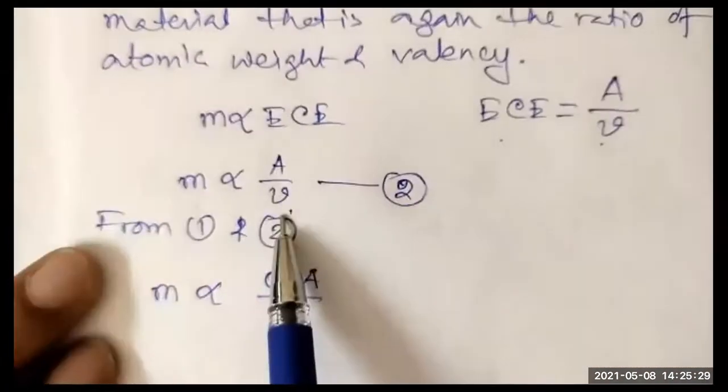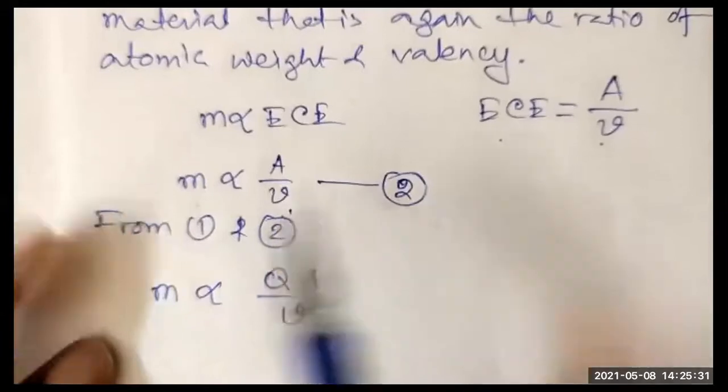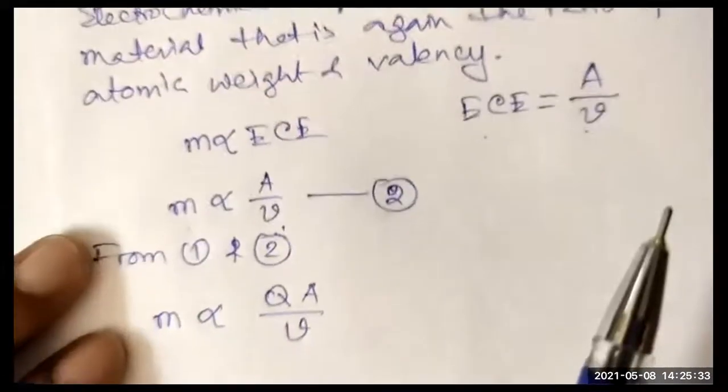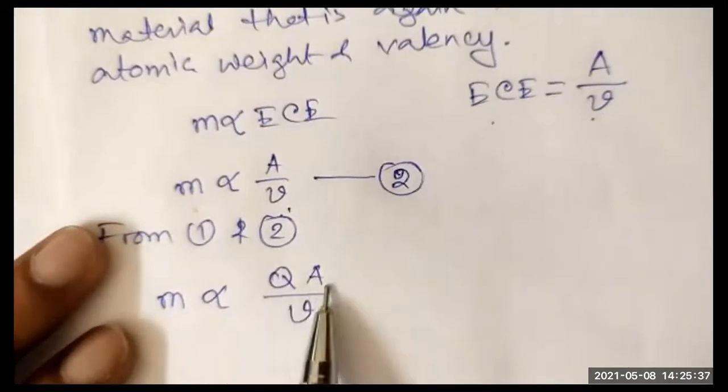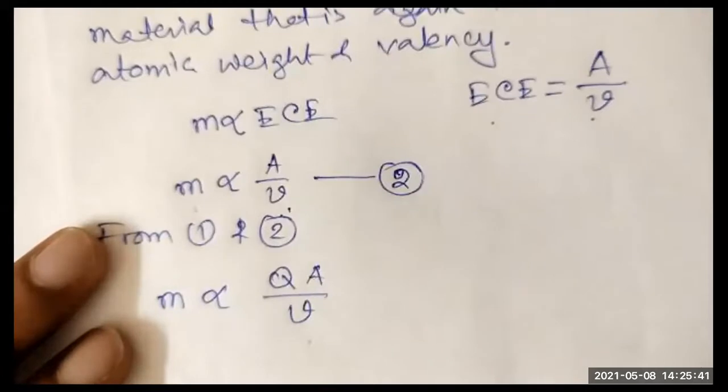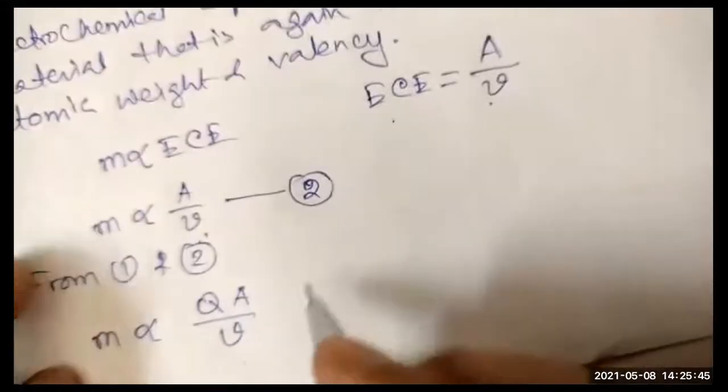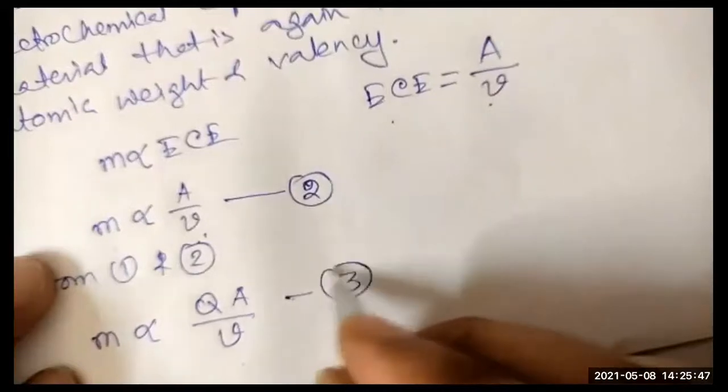We had a Q over here, and here we have M is equivalent to A by V. So combining both these two equations, we can easily write M is equivalent to Q into A by V. Remember it. This is our equation number 3.